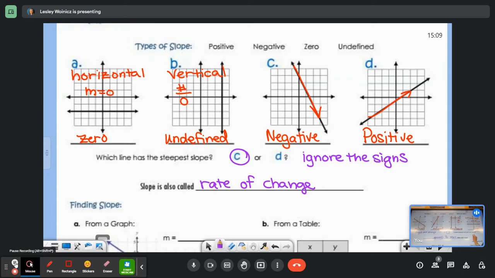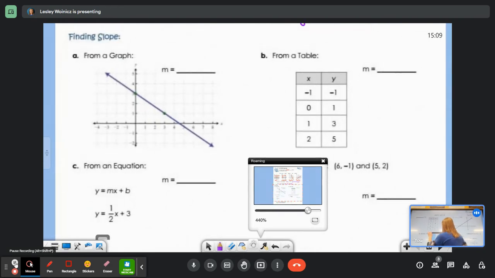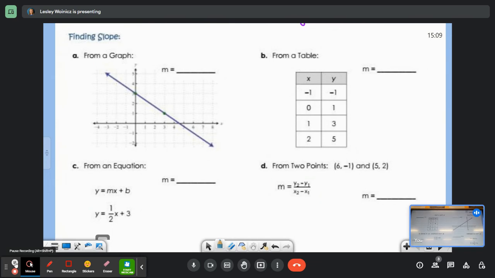We've also talked about how slope is M, right? Okay, so we can find slope a couple of different ways. We're going to do 4 big ones in this unit. Anything else we do with slope is really like a variation on one of these 4, okay? We can get it from a graph.